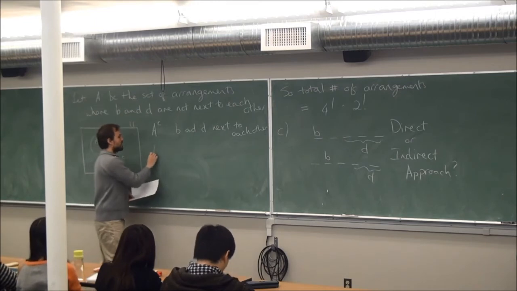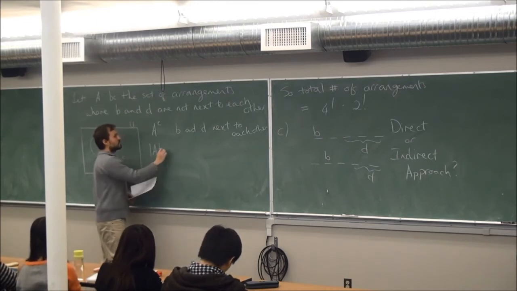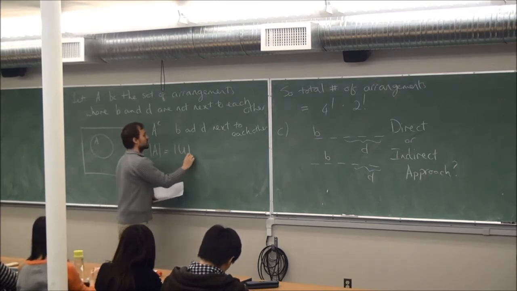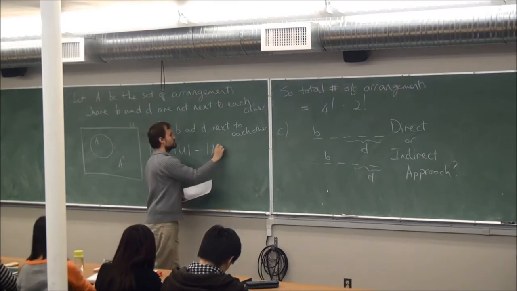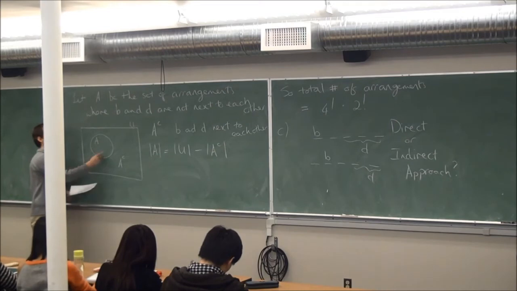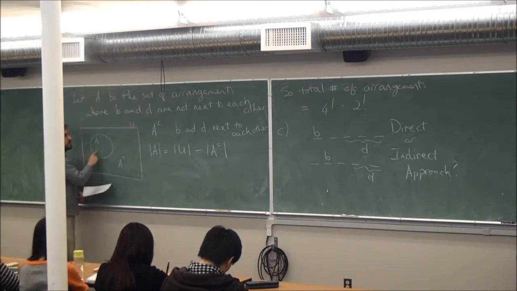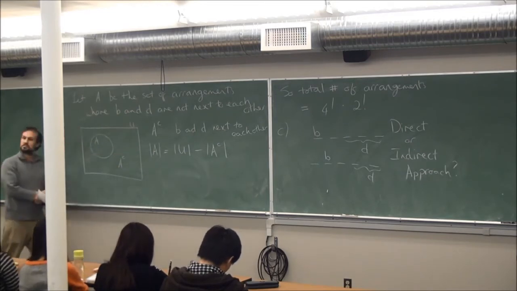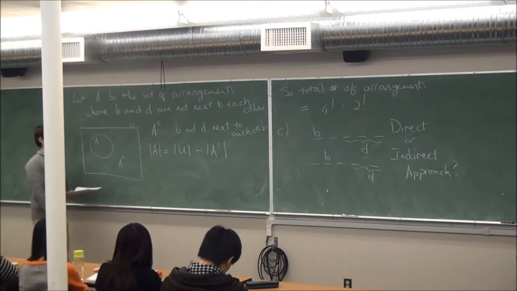Now we saw last time that if I don't want to count A directly, I can do it indirectly, because hopefully one of these guys is easy to calculate. Either A is easy to calculate directly, or if it's not, then check A complement, maybe that's easier. I'll pick the easy one.